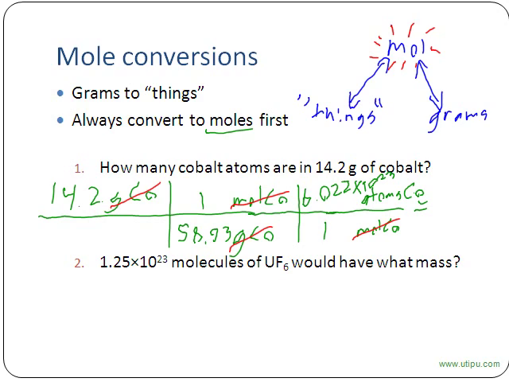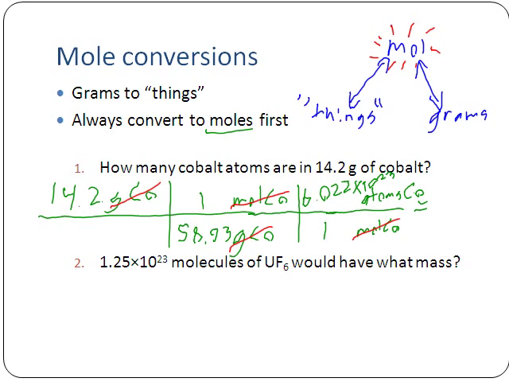So setting this up, we'd say 14.2 times 1 times 6.022 times 10 to the 23rd divided by 58.93 divided by 1. And so doing that, I end up with 1.45108 times 10 to the 23rd.